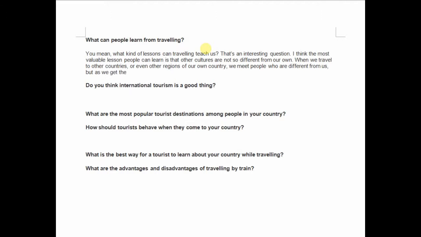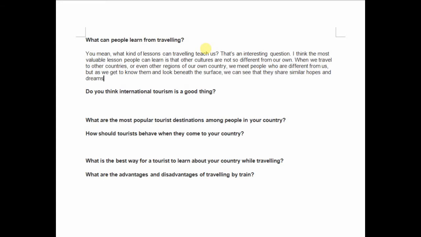But as we get to know them and look beyond the surface, look beneath the surface, we can see that they share similar hopes and dreams and struggles as we do. Okay, so there's my why. I do a pretty long why. It's very idealistic, isn't it? And then if we wanted to, we can give an example, okay?